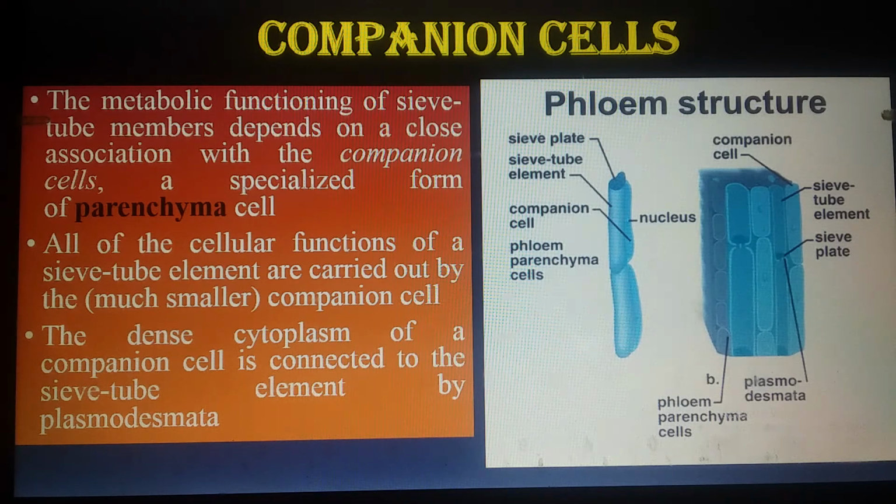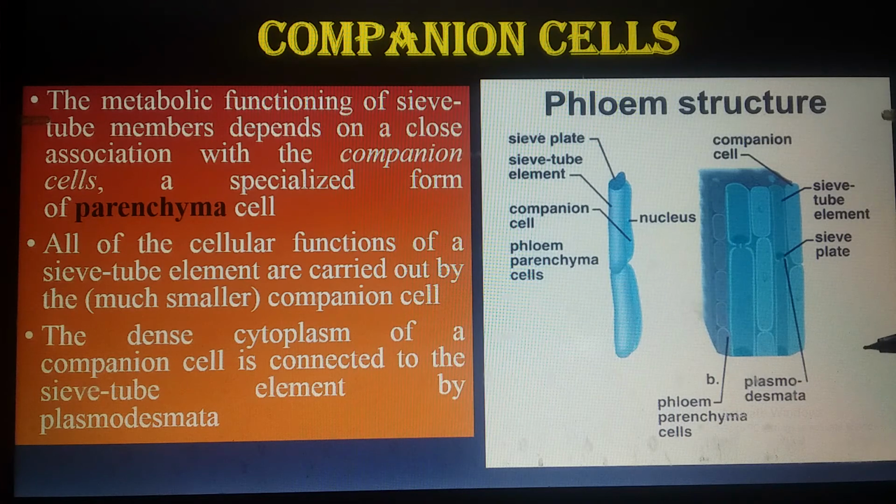They assist the transport through the sieve tubes. You can see here the structure, and you can also read all the related information about the companion cells: what they are, what their function is, and what their arrangement is. You can see the phloem parenchyma cells as well as the sieve tube cells.